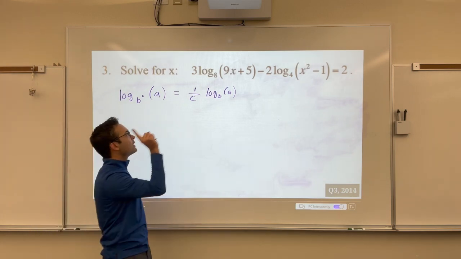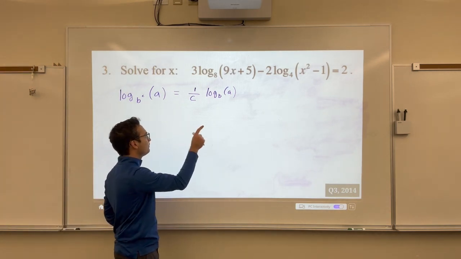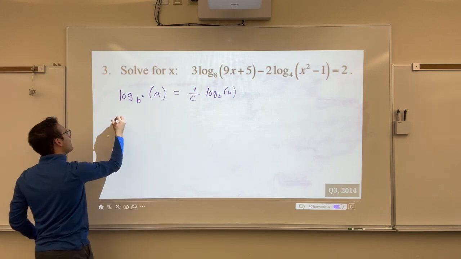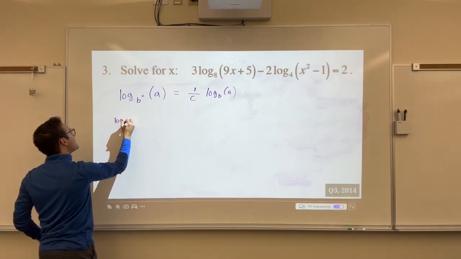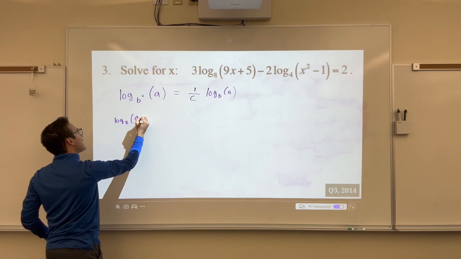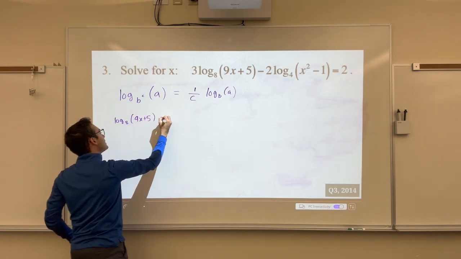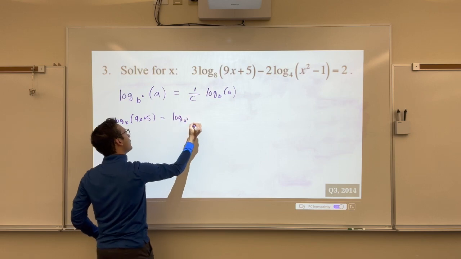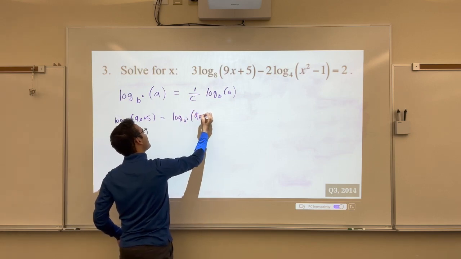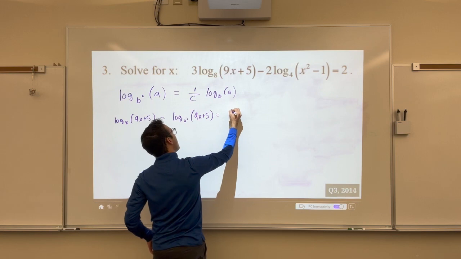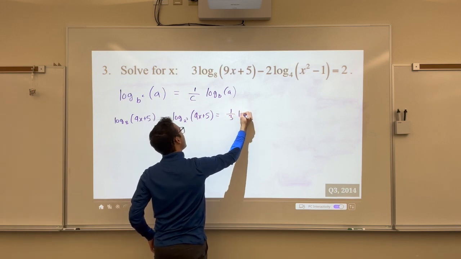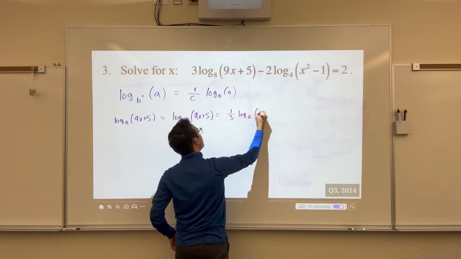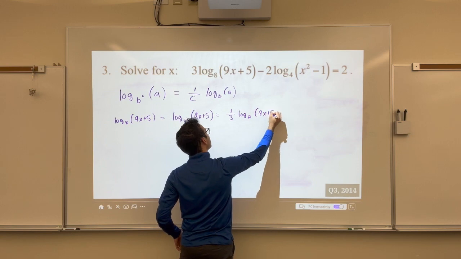And we are able to apply it to this problem. Because we can say the log base 8 of 9x plus 5 is equal to the log base 2 to the third power of 9x plus 5, which is equal to 1/3 log base 2 of 9x plus 5.